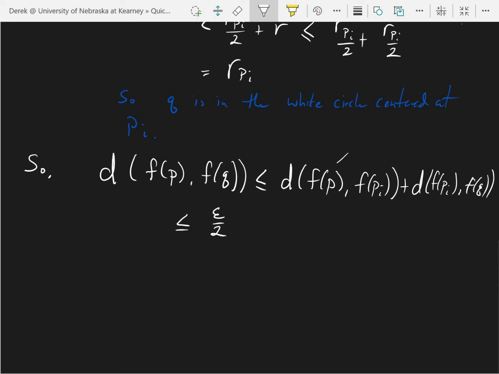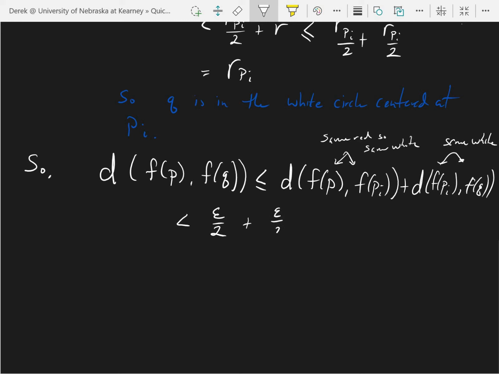These guys are in the same red circle, which is inside the same white circle. Since they're inside the same white circle centered at P sub I, their distance is less than epsilon over 2. Plus, and I actually have strict inequality on this one, plus these guys are in the same white circle here too.